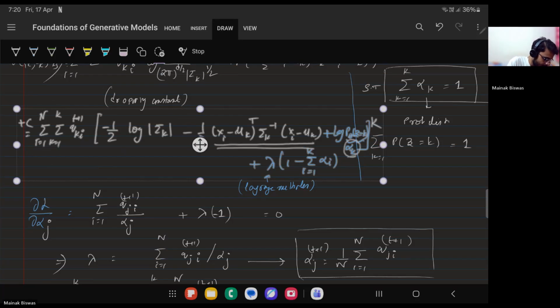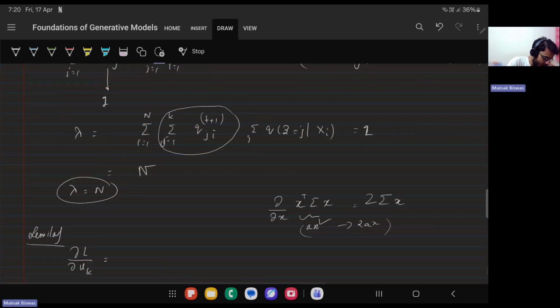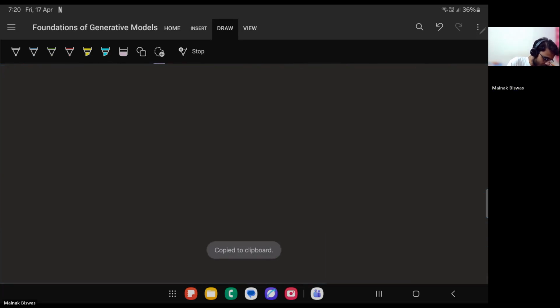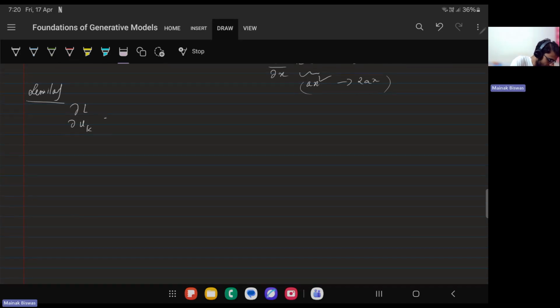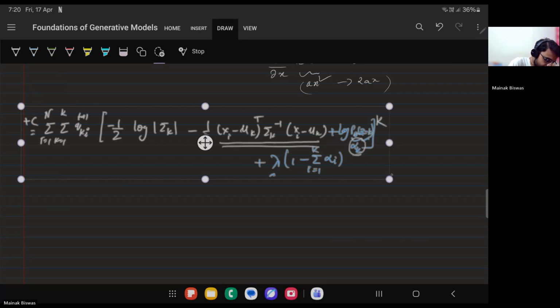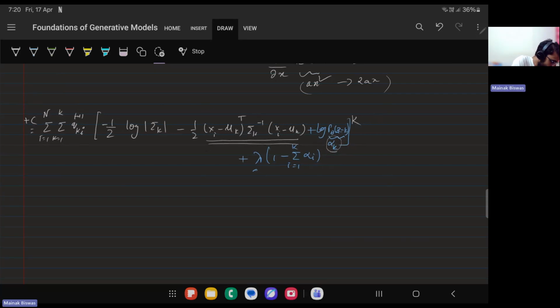So if I copy this, I'll erase this out, just to see these terms clearly.